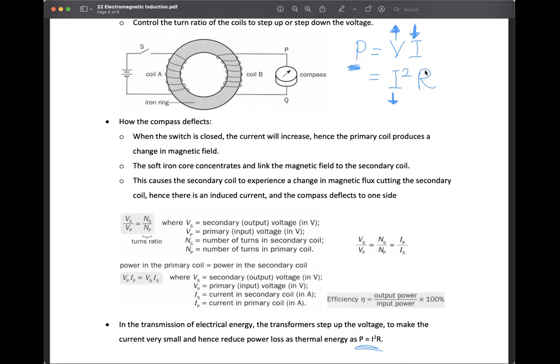The wire can't become greater or lesser. You can still control it, but there will still be some resistance in your wire. But when your current is very low, your power loss will be lower. Is that clear? Your power loss will be lower. Can?